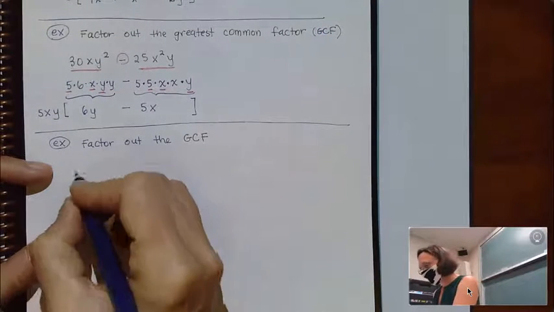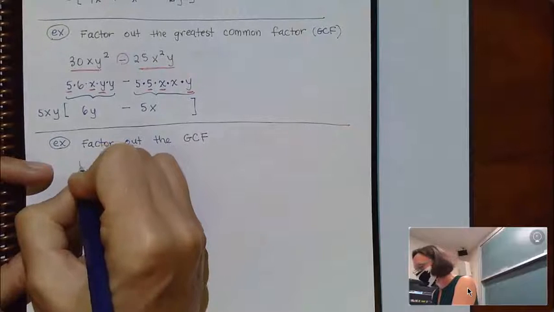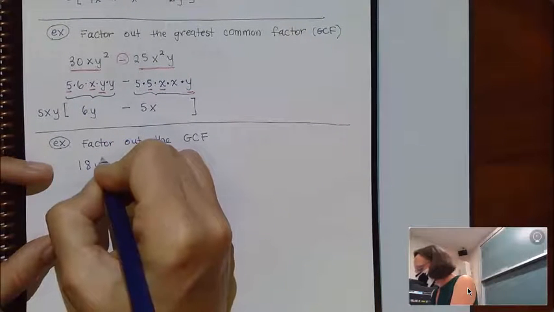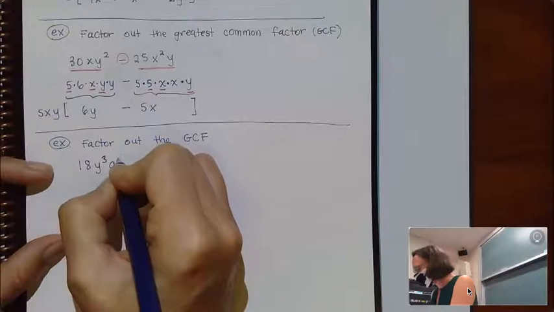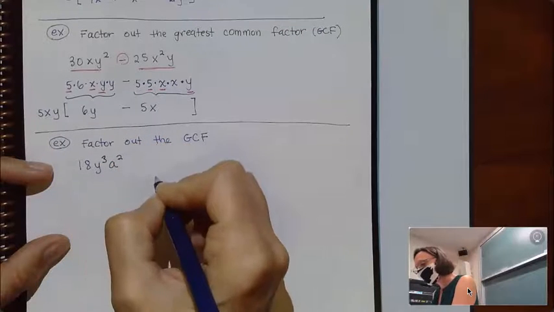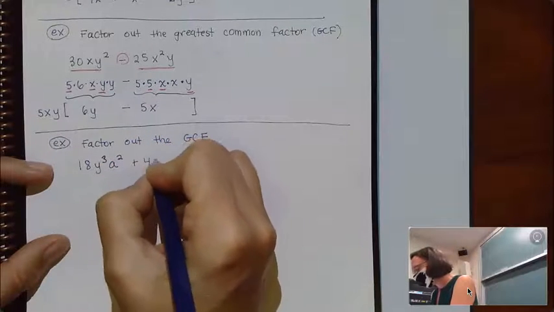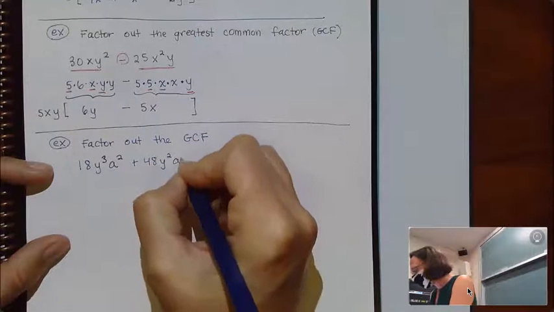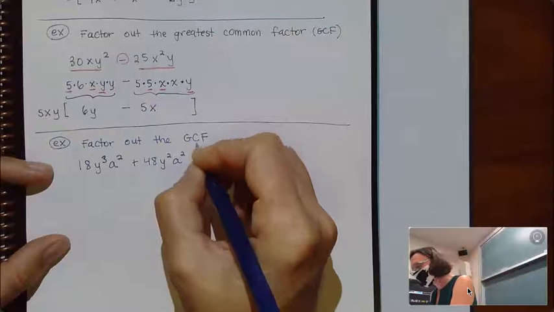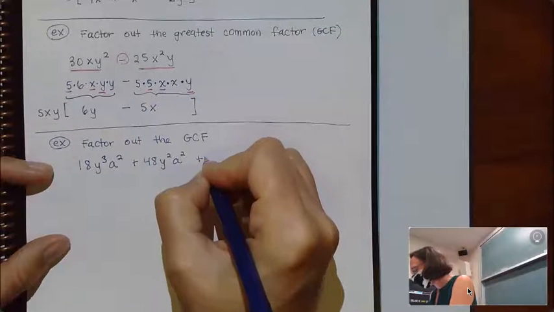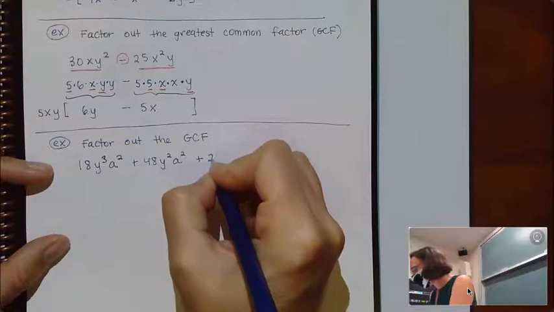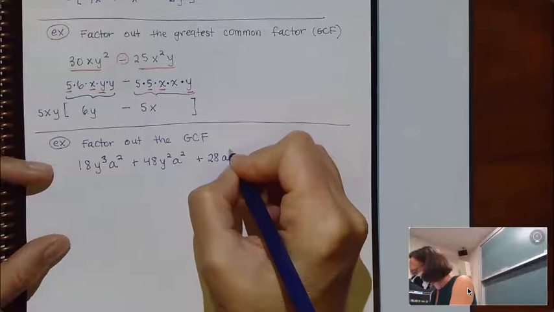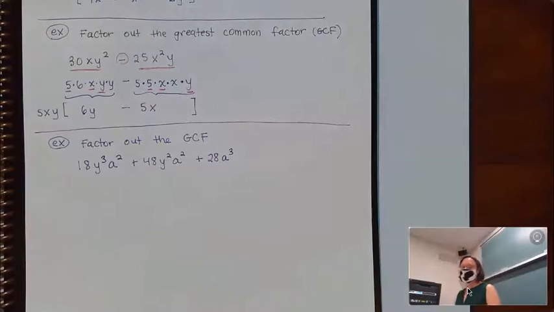Okay, let's go with 18y cubed a squared plus 48y squared a squared plus 28a cubed. It's not crazy.